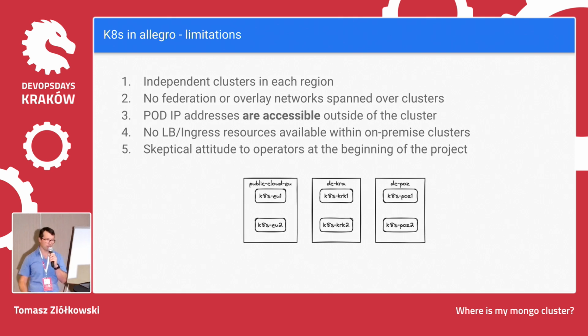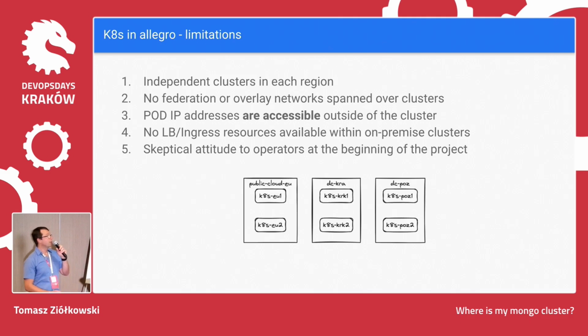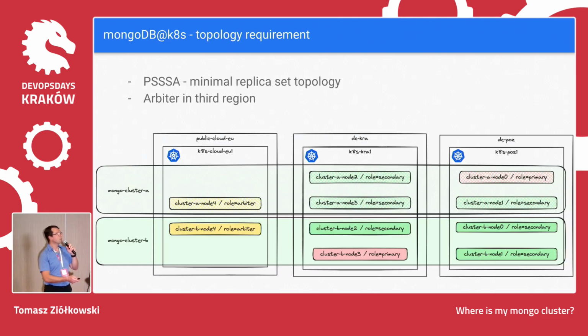It means we are not able to easily expose a service defined in Kubernetes as a single IP that is available outside of the cluster. And having that, we have a challenge to build a solution that will resemble that architecture.